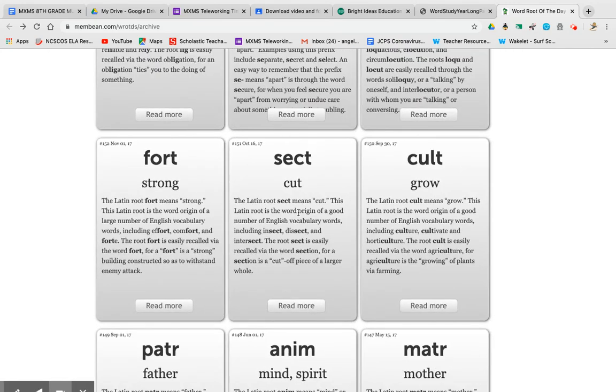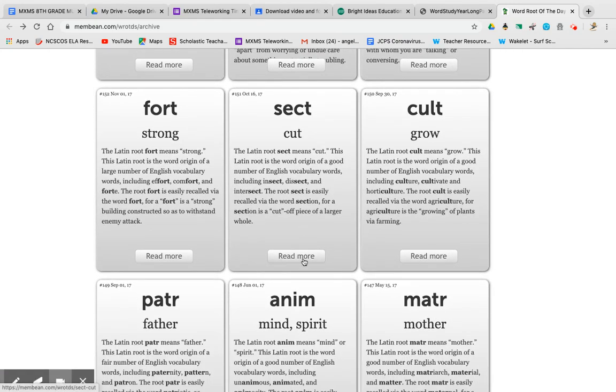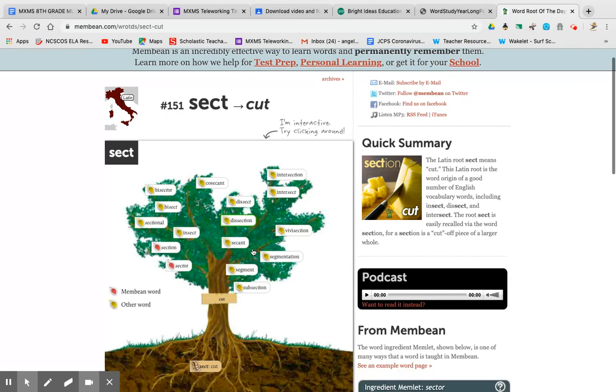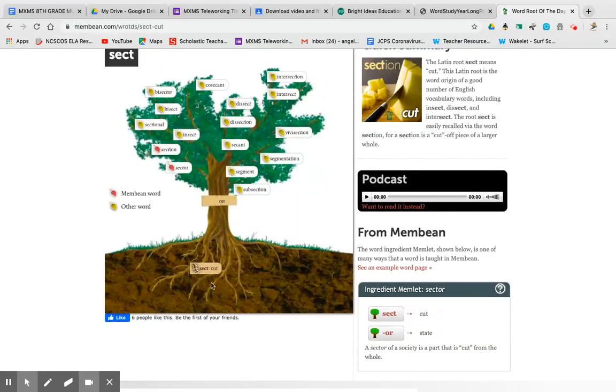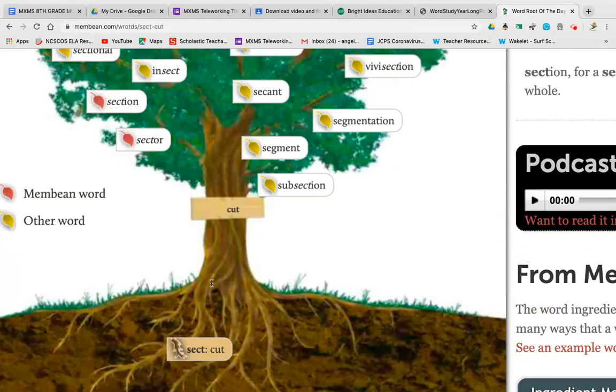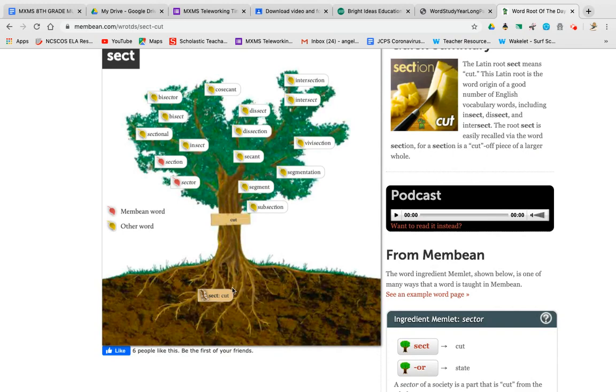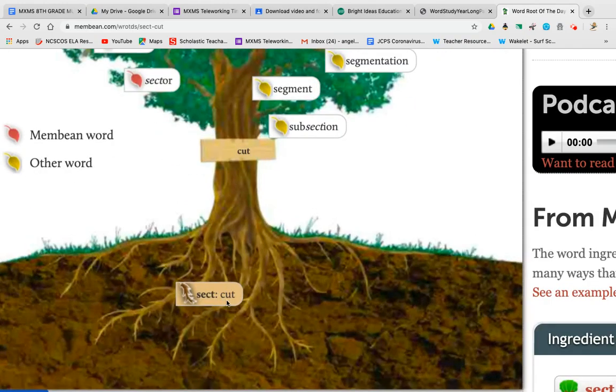What's really cool about this website is you see this little button here. I'm pointing to the screen like you can see me pointing, which I guess you can. I'm on camera. It then takes you to this screen, which I absolutely love because you guys know I am a visual person. It brings you to this tree, basically, and your root word is at the bottom, means to cut, right?